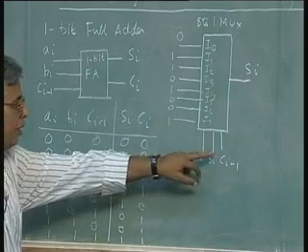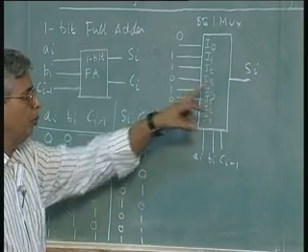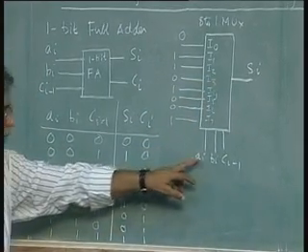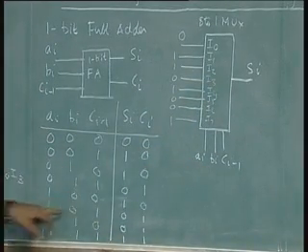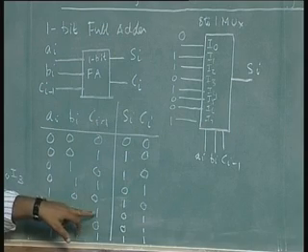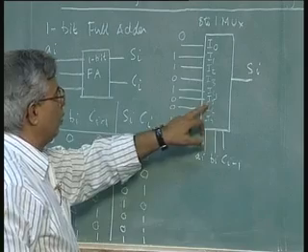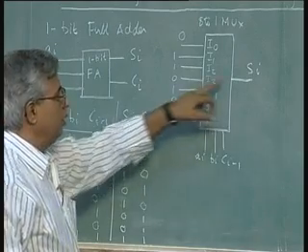So whatever is the combination, the corresponding input will be connected to the output. For example, if we take the combination 1, 0, 1, that is Ai is 1, Bi is 0, Ci minus 1 is 1, the output should be 0. So 1, 0, 1 corresponds to I5, I have connected 0 to it, so the output will be 0.